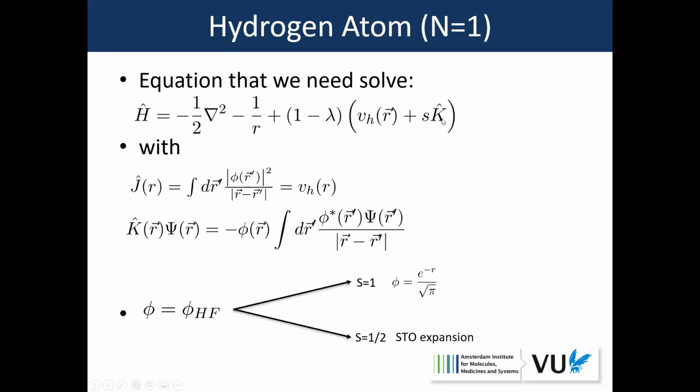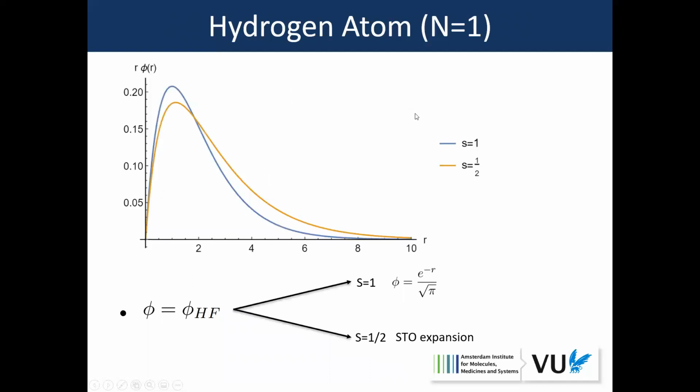These orbitals will be slightly more diffuse, as you can see here, because the K now has less interaction and cannot remove the full unphysical self-interaction that the J has. Therefore, the electrons feel themselves more, will be further away from the nucleus, and the orbital will be slightly more diffuse.